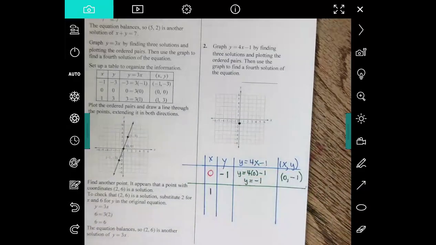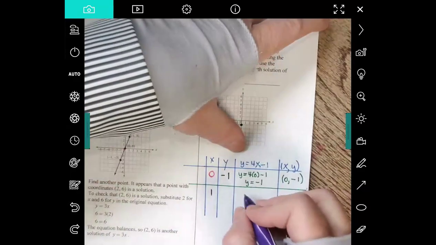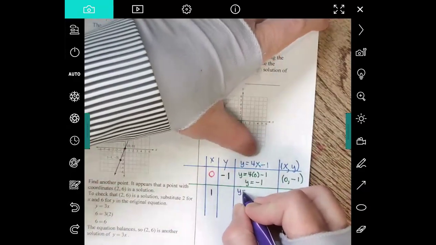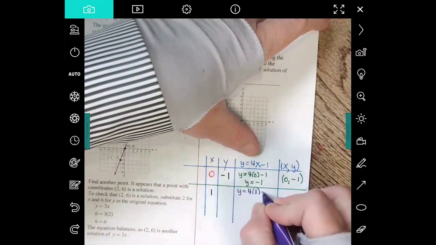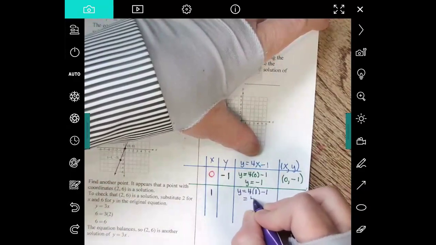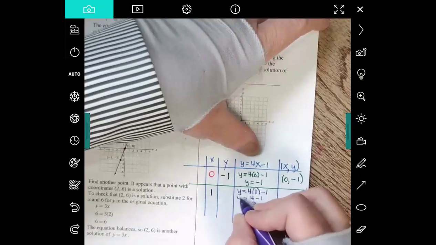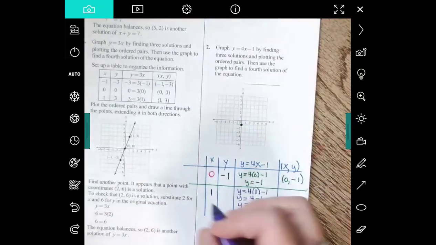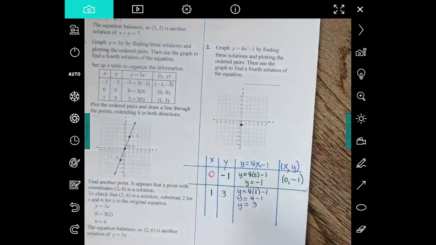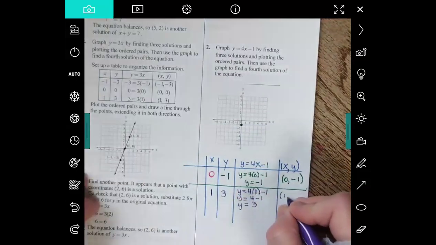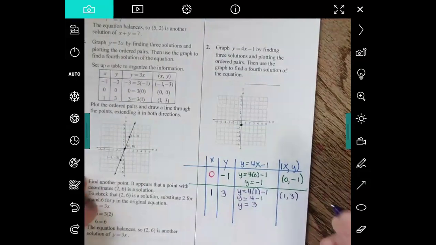So you get to pick anything you want for x. Then you figure out the y. Y is 4 times x minus 1, and we chose 1. So I have 4 minus 1. So I get 3. So y is 3 when you put a 1 into this equation. It's a linear equation. So that means I need to put the point 1, comma 3 on my graph.